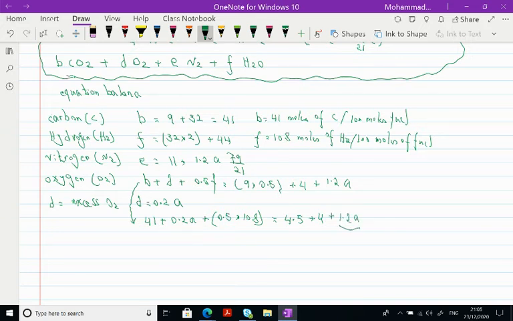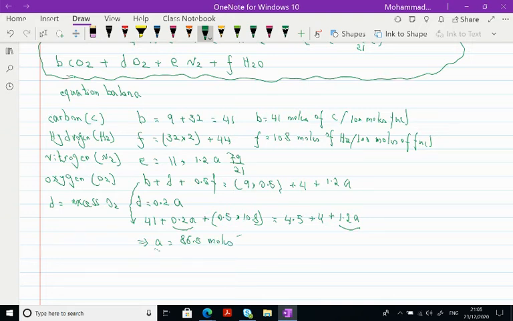So 1.2A and 0.2A, we just shift to the right side of the equation. So from this we get A is equal to 86.5 moles.